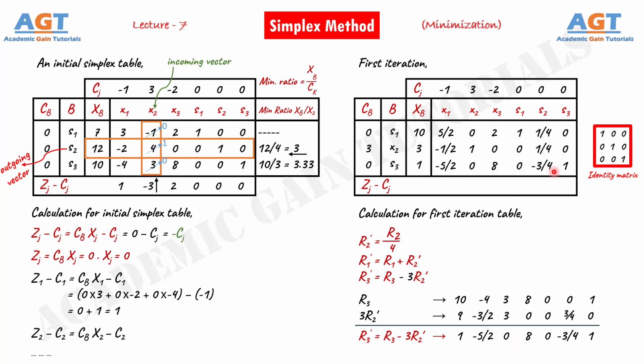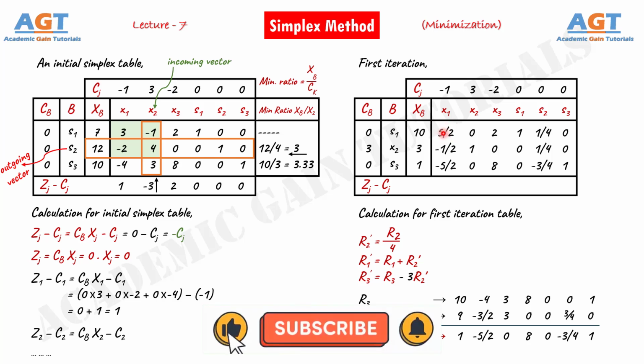In lecture number 6, we have seen two methods of forming this table. In this table we did some row operations for calculating the values to fill up the table. In the other method that we have seen earlier, we would cross-multiply the old values to get new values. For example, let's find out the value for this position. In table number 1, in this position we have 3.